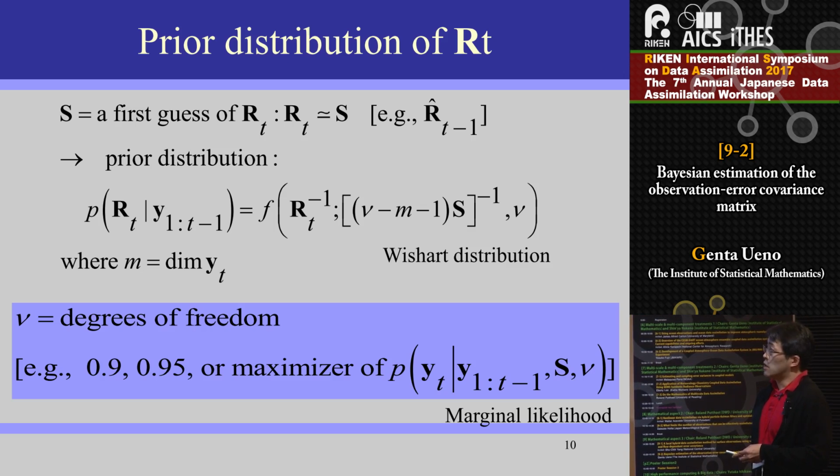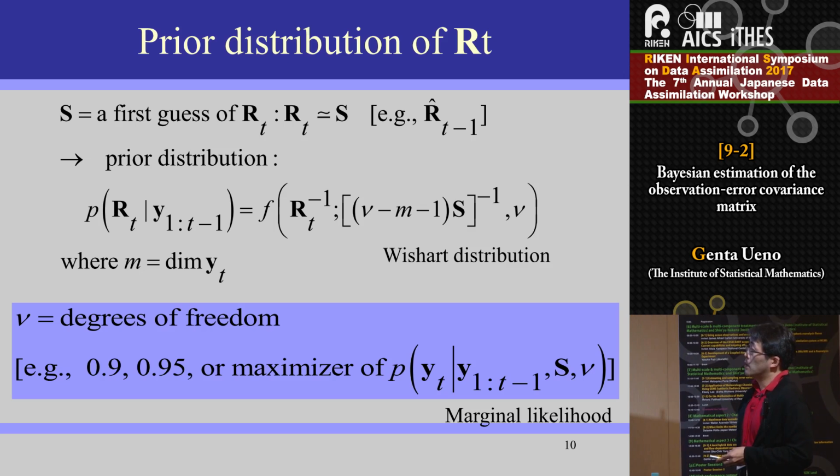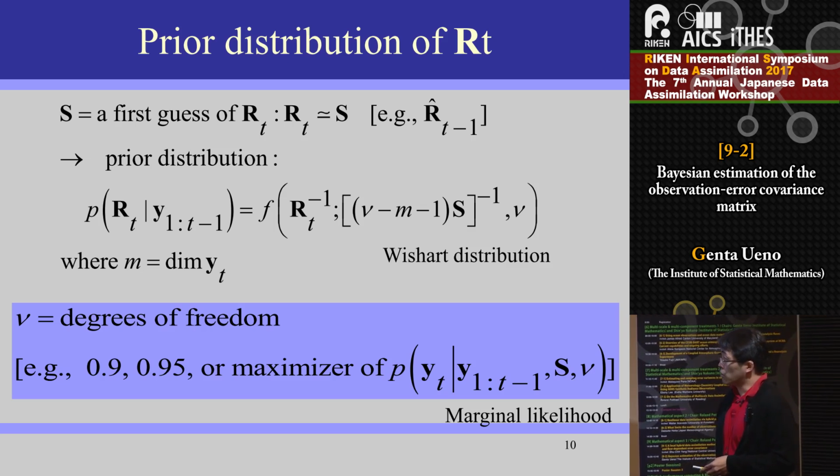It is the standard distribution for the covariance matrix. And the Wishart distribution also has additional parameters, such as degrees of freedom, but they can be objectively estimated by maximizing the marginal likelihood.